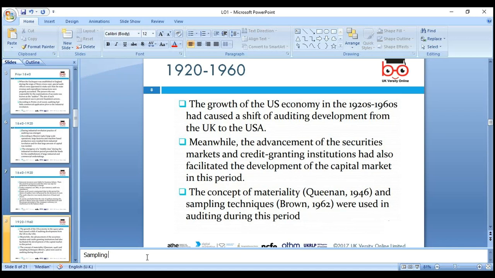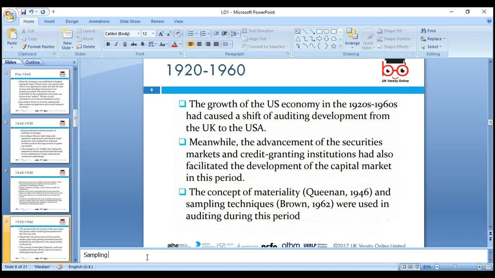Sampling in audits is very important, because the auditor can't check every transaction. If you check every transaction, maybe it takes years and then the next year's audit will be due, because after every 12 months you need to be audited before publishing your financial statements.